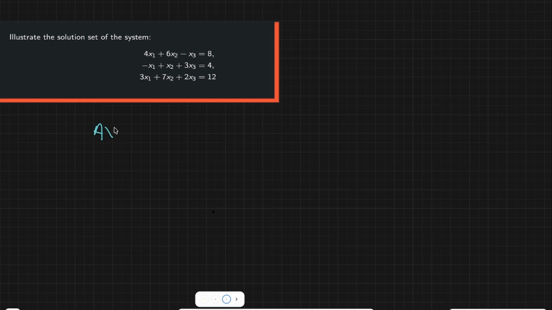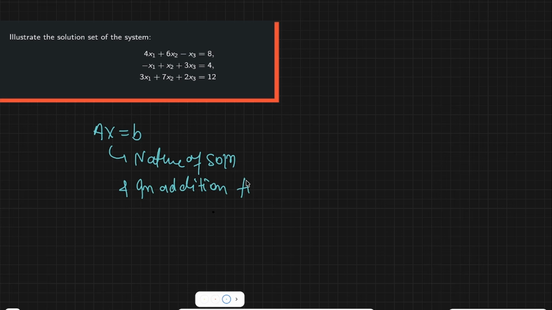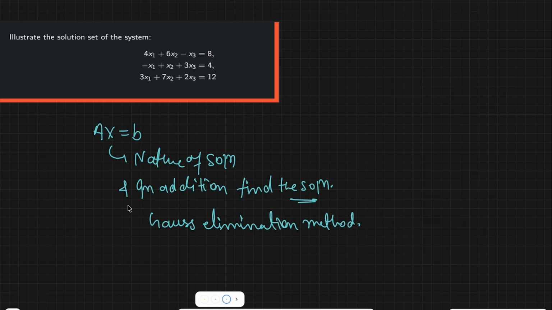So you have to find Ax equals b, find the nature of the solution, and in addition find the solution, which I already explained to you, how to find the solution using the Gauss elimination method. You know how to solve using the Gauss elimination method.